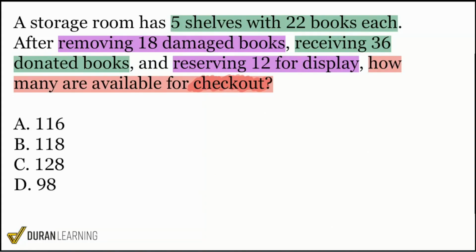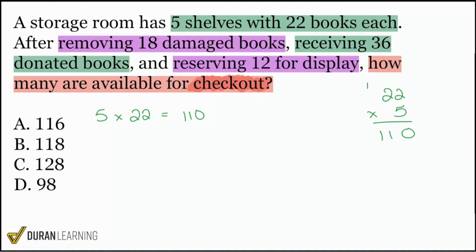So we have, first up, 5 shelves multiplied by 22 books each, and with some mental math, that'll be 110. If you want to see it done, that'll be 22 multiplied by 5. 2 times 5 is 10. 2 times 5 is 10, carry the 1, is 11.